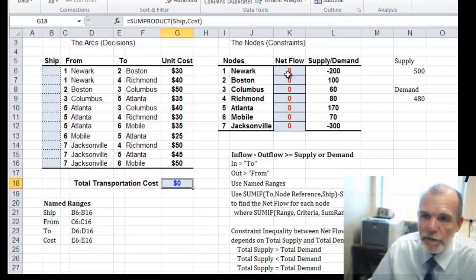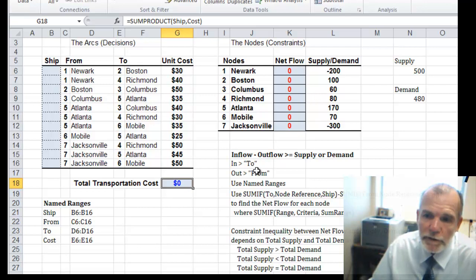Now on the right side, we see a representation for the nodes, and these are really the constraints, in that we look around a particular node and look at what's coming to the node and what's going from the node. And then we have to balance that with the amount that's available if it's a supply node, or the amount that it needs if it's a demand node.